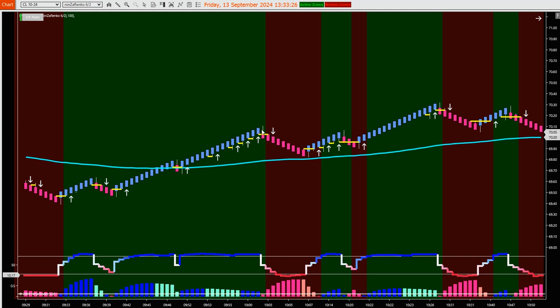I'm not really going to count this, because if you follow my rules, this is our first pullback to the 100 EMA. So if you would have put your stop here, you would have taken a little bit of heat, but it would have worked out eventually. So I'm not even going to call this one a loss. If you have the guts to take some heat, that's a winner.